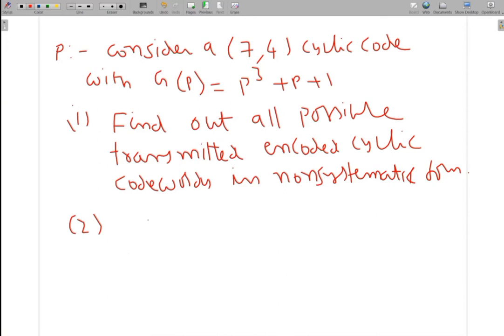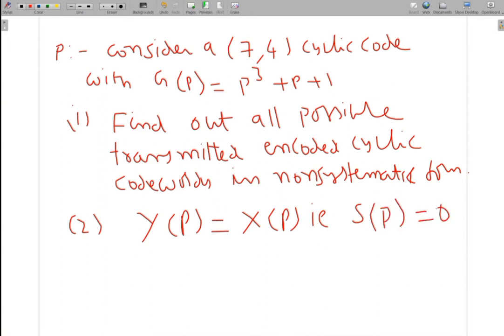If Y(p) is received, and Y(p) is equal to X(p), that means S(p) is equal to 0. If Y(p) is not equal to X(p), that means some syndrome polynomial is present.